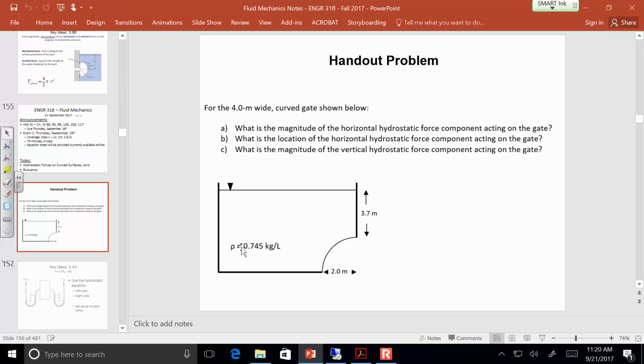We actually need the unit weight, gamma. And so to convert between density and unit weight, we simply multiply by g. And so the units of unit weight are going to be newtons per cubic meter, because when we have g, which is meters per second squared, multiplied by kilograms per cubic meter, then it cancels out to newtons per cubic meter.